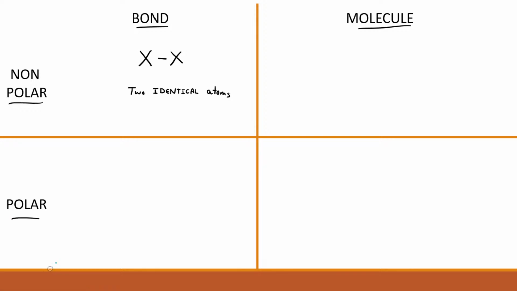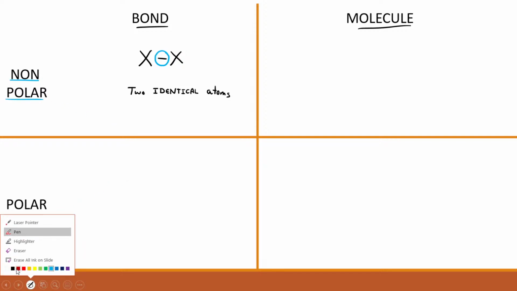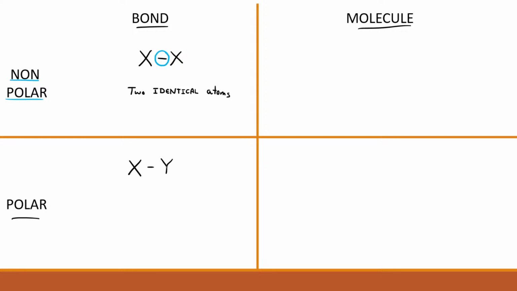That makes this bond nonpolar. If a bond is polar, it is two different atoms connected by the bond. Two different atoms means that the pull on electrons is not the same. It means that this is a polar bond.